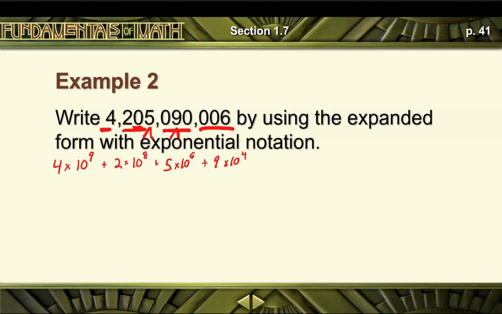And the reason I know these values of the exponents is it's how many digits are right before it. So when we look at the 9, we have 1, 2, 3, 4 digits before it, so it's times 10 to the 4th. And then lastly, we can put plus 6. And if you want to, you can put 10 to the 0 power. Now, you don't have to put that, though, so let's just cross that out. That was extra. So there's expanded.